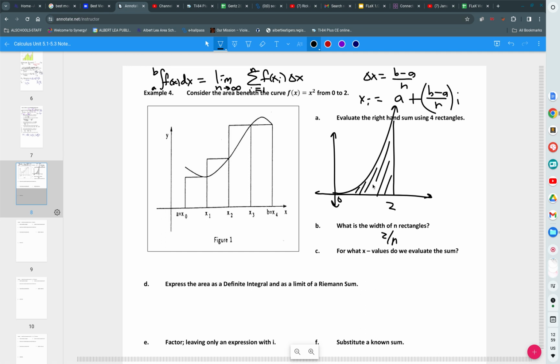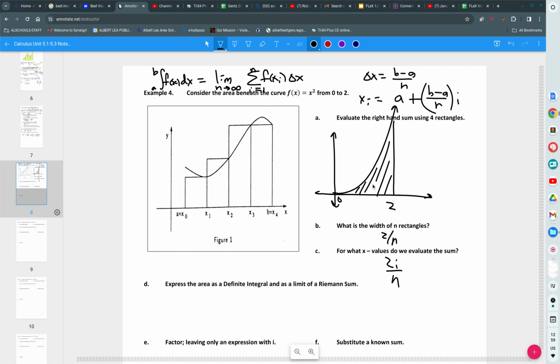A is just 0. Everybody see we're starting at 0? And then we already determined what b minus a over n is. What is b minus a over n? Just 2 over n. So we just multiply it by i. So we just get 2i over n. Are we okay with those?